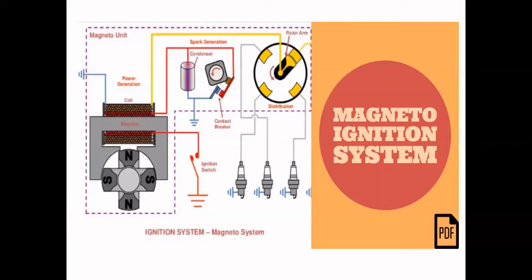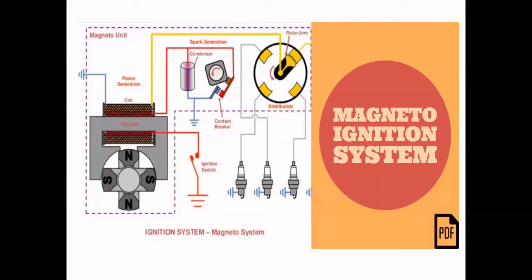In the magnet rotating type, the second kind of magneto which is generally used, the armature is stationary and the magnets are rotating around the armature.